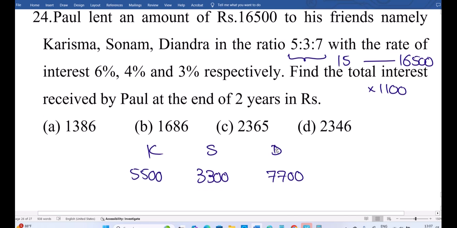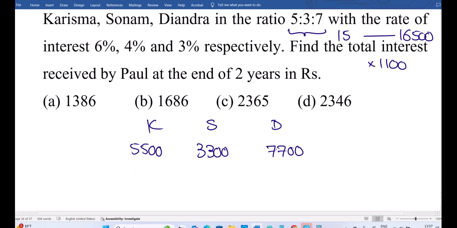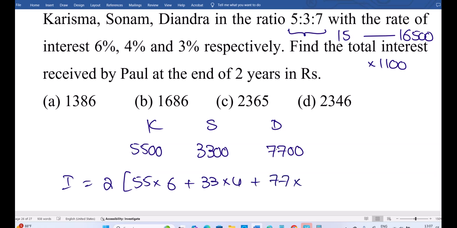Karishma got 5,500 as the principal, Sonam has 3,300, and Dayandar has 7,700. Now, interest I equals PTR by 100. Timing is 2 years. Rate of interest they have given: 6% for the first one. Divide by 100, anyhow these zeros will cancel. So 55 into 6, 33 into 4, 77 into 3. Sir, what about that hundreds? Divide by 100 will be there, but that will cancel anyhow.